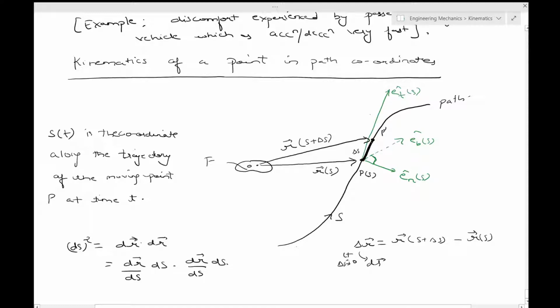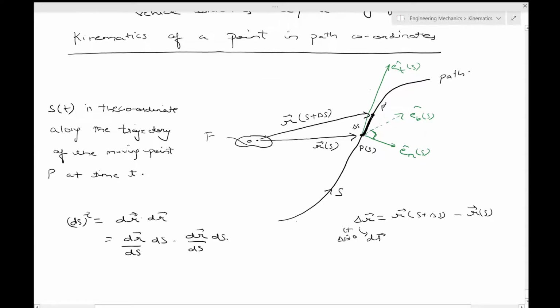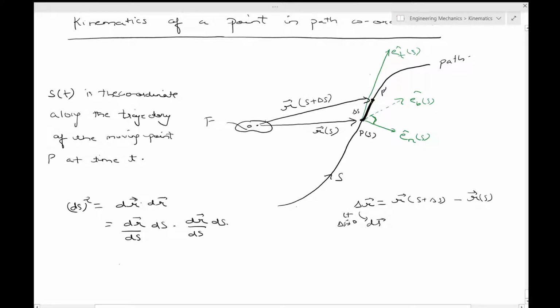You can clearly see this triangle which has r of S plus delta S, r of S and delta S, and you can use the vector relationship in this triangle to find that ds squared will be equal to dr dot dr. Once this is written, you can imply that the modulus of dr by ds is equal to 1.